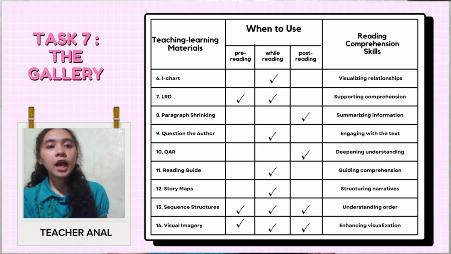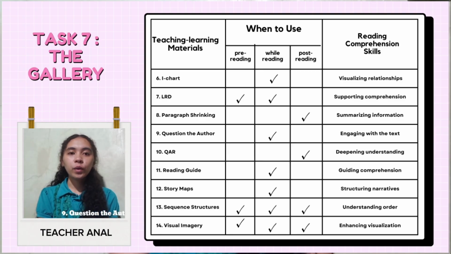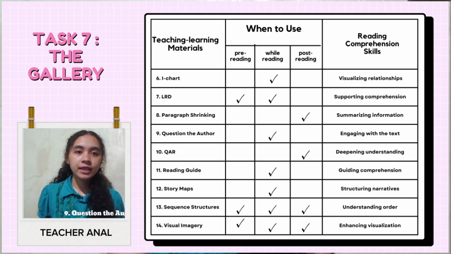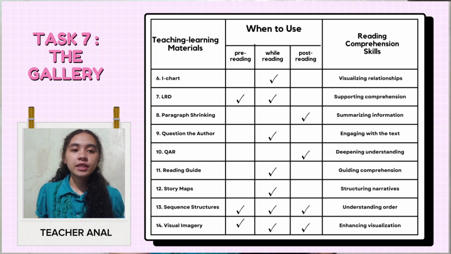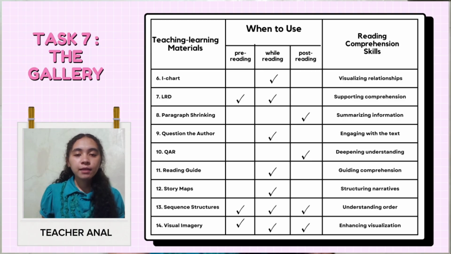Number 9, question the author. When to use: while reading. The reading comprehension skill: engaging with the text. By questioning the author's intention and perspective, students become more engaged with the text, leading to a deeper understanding of the material.